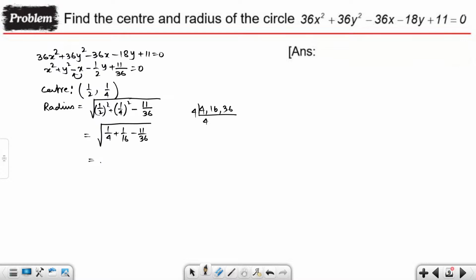So it's 16 into 9, right? 16 into 9 is coming to 36.